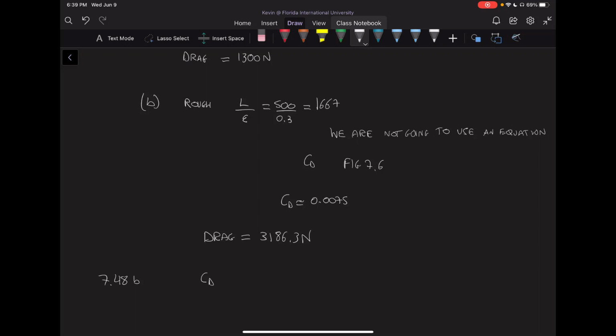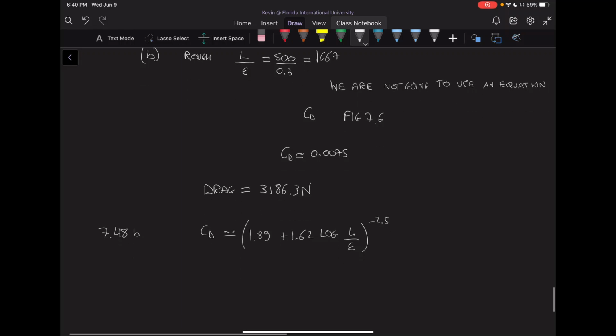There's also an A equation that finds CF, but CD is said to be essentially equal to 1.89 plus 1.62 times log of L over epsilon to the power of minus 2.5. And if you solve for this equation with our values, you would get a CD that's equal to, so this is an equation, we'll circle it in.